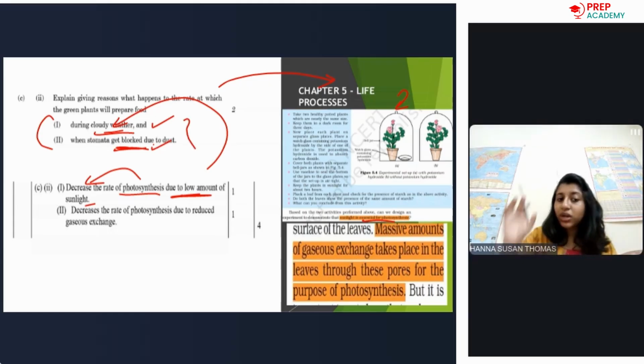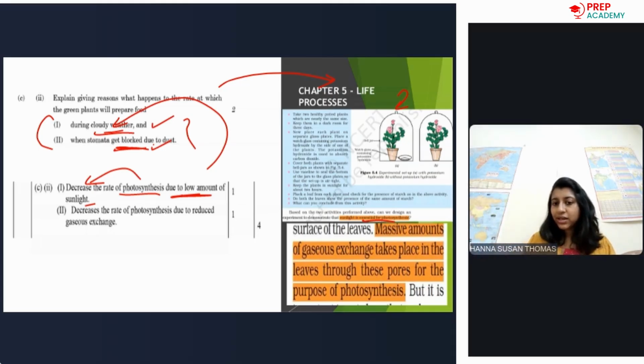So in both these cases, during cloudy weather, sunlight will not be obtained effectively, or a reduced amount of sunlight will be obtained by plants. Also, when stomata get blocked due to dust, sufficient gaseous exchange won't be happening, and in both these cases we will observe a decreased rate of photosynthesis.